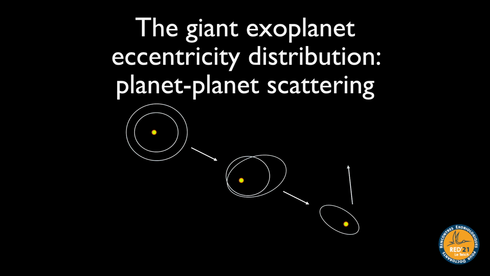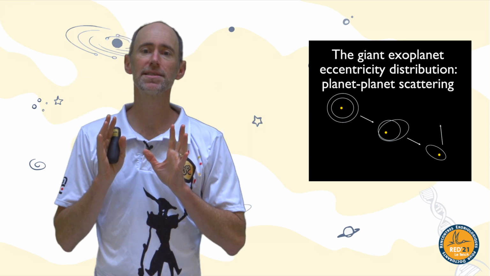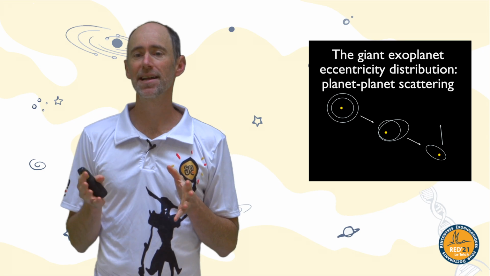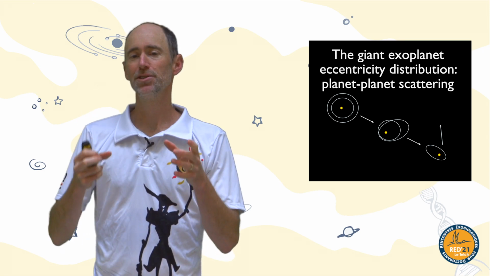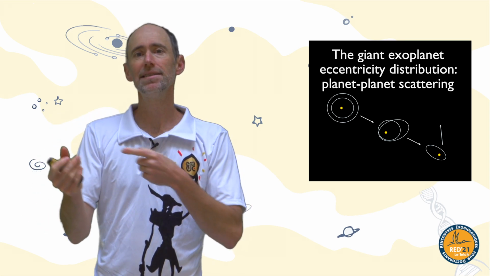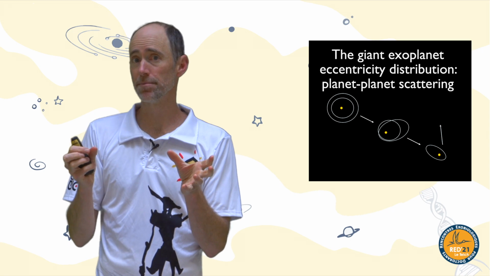All right, now looking at the giant exoplanet eccentricity distribution. As we talked about a little bit in the past, we think that the key process here is planet-planet scattering. And so this simple cartoon is showing two giant planets that form on concentric circular orbits. In time, their orbits kick each other around and change shape a little bit.